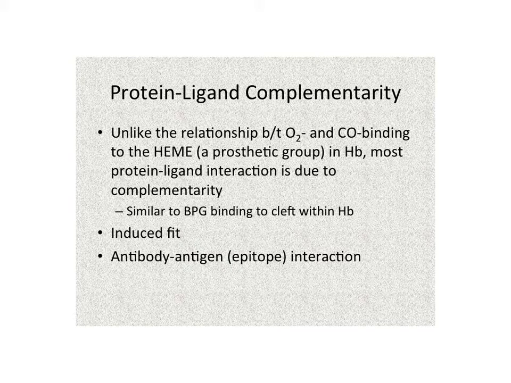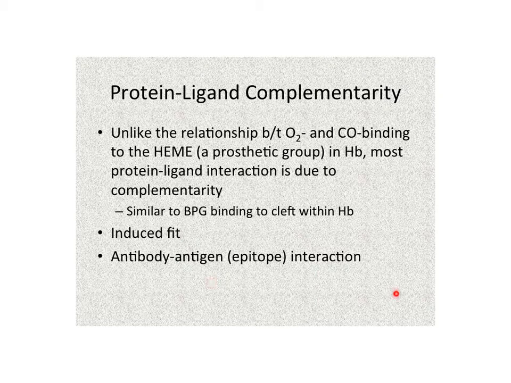Now, I hate to use the term lock and key because typically we're talking about an induced fit, where upon binding it causes a conformational change in one and or both of them to fit better with respect to each other.